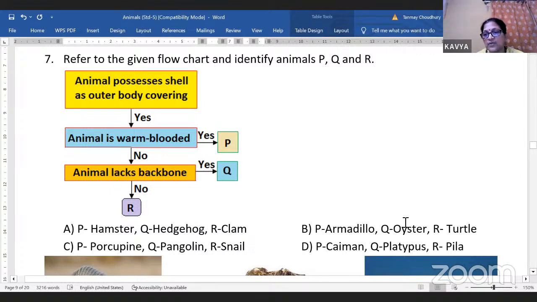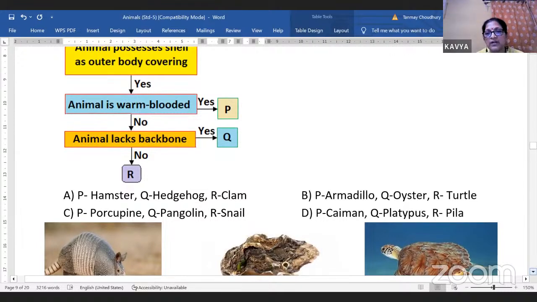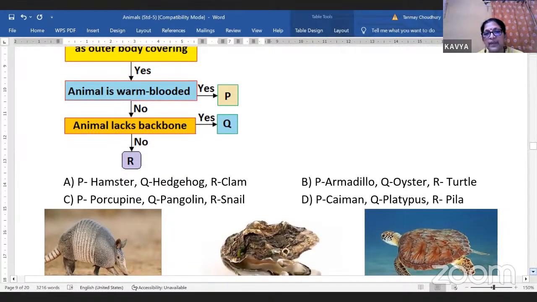So let us see the options. Now here, some of the animals you may not be able to recognize. So I've just brought the pictures here for you. Here, this will be the answer. So that's why I just brought the pictures so that you'll be able to see it.